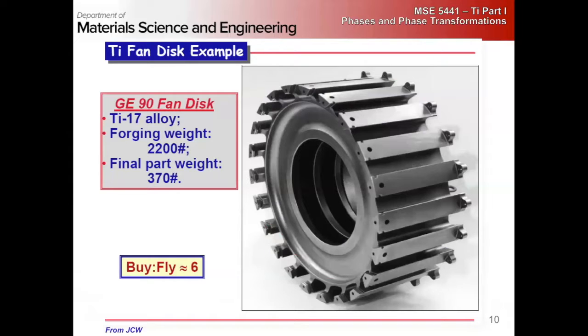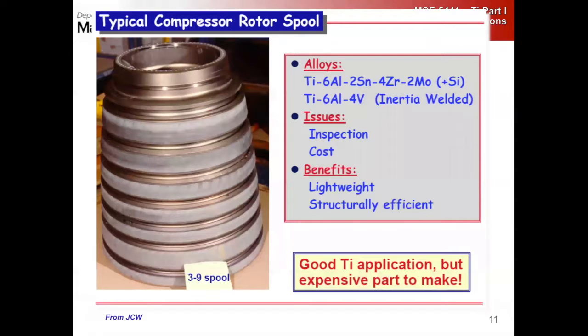People like to talk about these buy-to-fly ratios, which are really important for industry. We'll talk about why we need such large forgings in a little bit. People are doing pretty cool stuff with reducing that, partly by different joining techniques. Inertia welding was a big breakthrough.